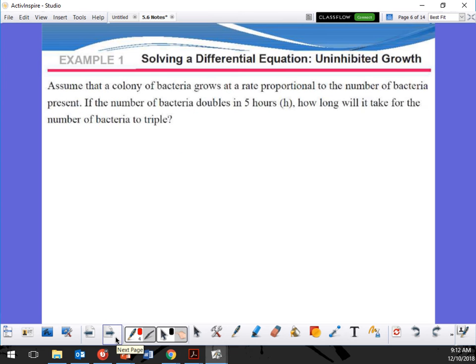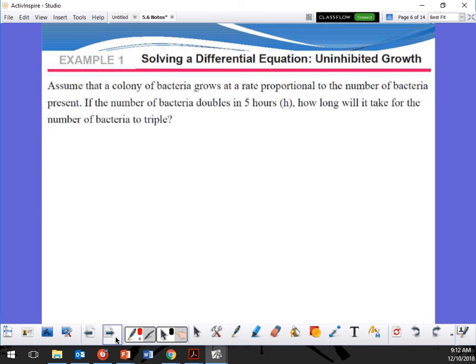Assume a colony of bacteria grows at a rate proportional to the number of bacteria present, and the number of bacteria doubles in 5 hours. So what does that mean? Start off with that information. So t is going to be 5, right?